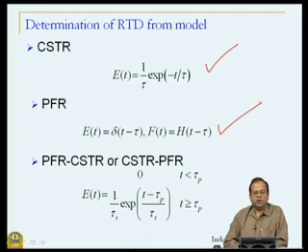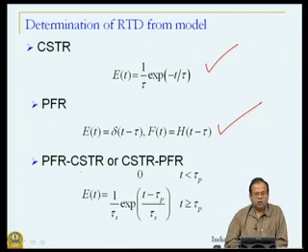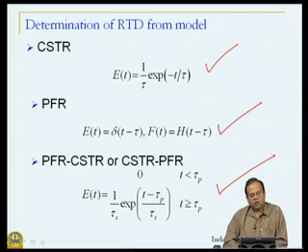But if my real reactor is actually partly behaving like a stirred tank reactor and partly behaving like a plug flow reactor, so either initially plug flow reactor followed by CSTR or CSTR initially followed by plug flow reactor, my residence time distribution will be given by E of t is 0 till such time as the residence time of the plug flow reactor tau p, and beyond that time it is 1 over tau s exponential of minus (t minus tau p) divided by tau s, where tau p and tau s are the residence times of the plug flow reactor and stirred tank reactor.